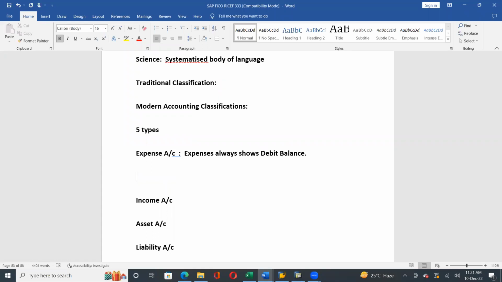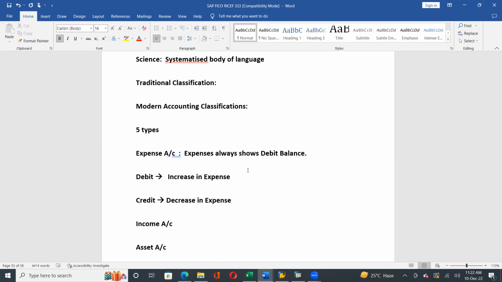So the rule is: debit increase in expense and credit decrease in expense.